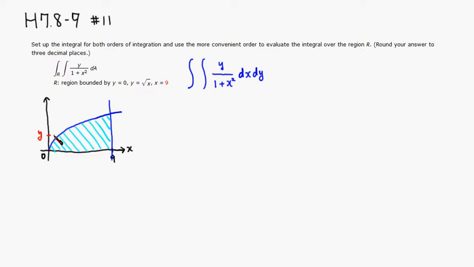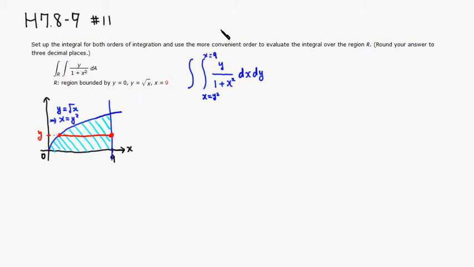You can see that this is going to start from this curve and go all the way to x equals 9. This curve is either y equals square root of x, or, squaring both sides, x equals y squared.